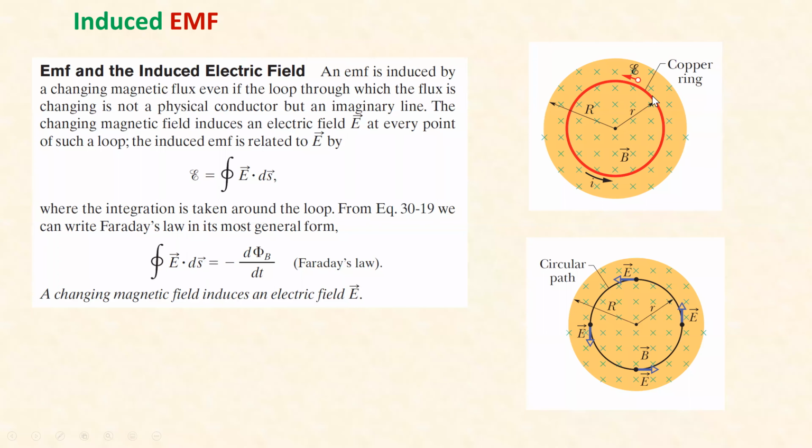When you move this, it is in contact, so we basically have a loop of wire that changes. One of the sides is moving, and this motion creates an EMF, and you can use Faraday's law to calculate the EMF here.